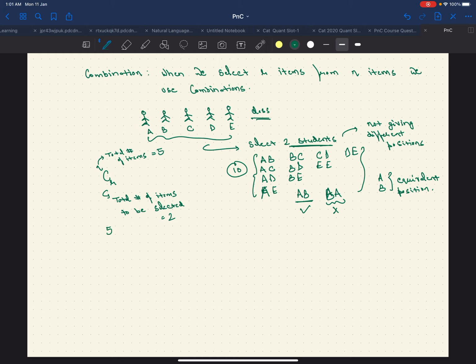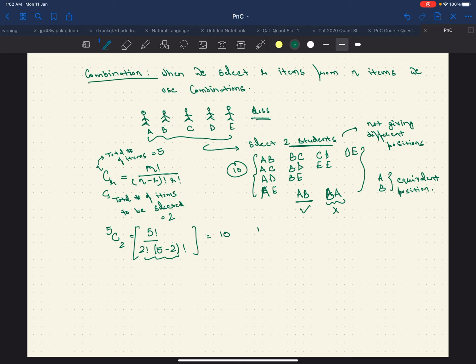So 5C2 can be written as 5 factorial upon 2 factorial times (5 minus 2) factorial. The general formula for NCR is n factorial upon (n minus r) factorial times r factorial. This is equal to 10. Why we got this particular formula, we will look at after we are done with permutation.